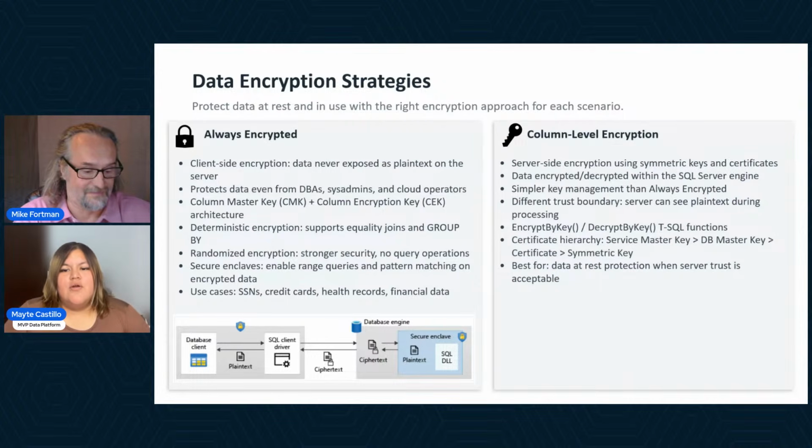Randomized encryption provides stronger protection because equal values generate different encrypted results, but it significantly limits the operations that can be performed, where search, comparisons, or pattern matching are required. Always Encrypted with secure enclaves can process the data temporarily inside a protected memory environment.